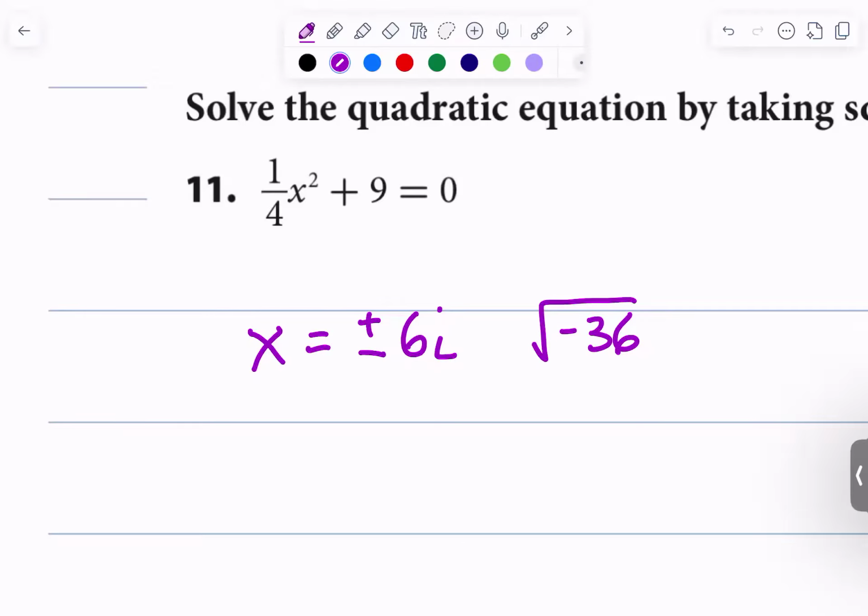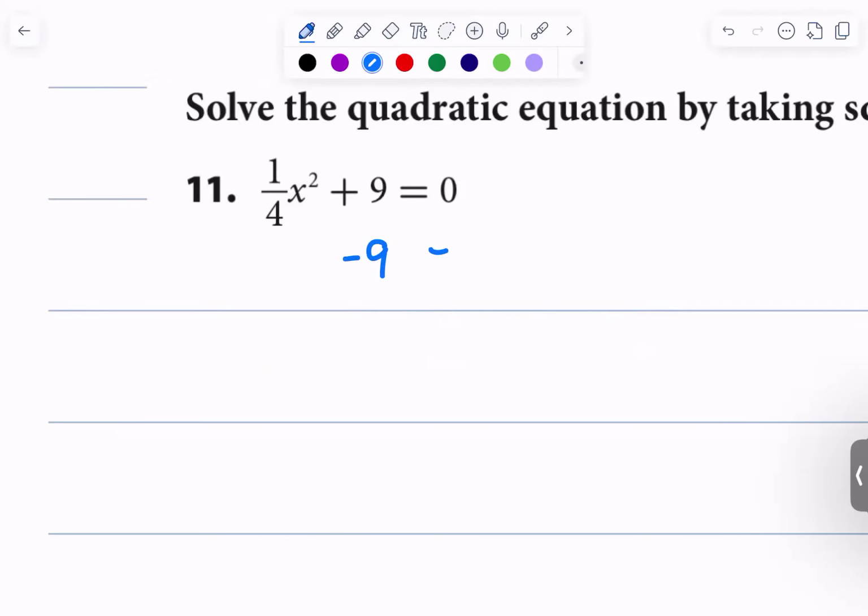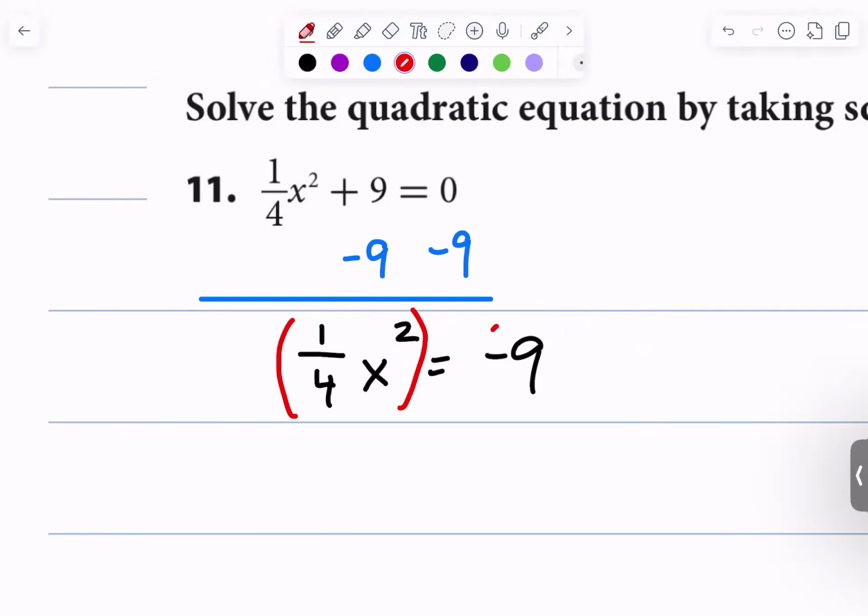So here, I am going to subtract 9 first. Try to isolate x squared first. So that would be 1/4 x squared equals negative 9. Now remember, when we want to move the 1/4 times x squared, we have to multiply by its reciprocal.